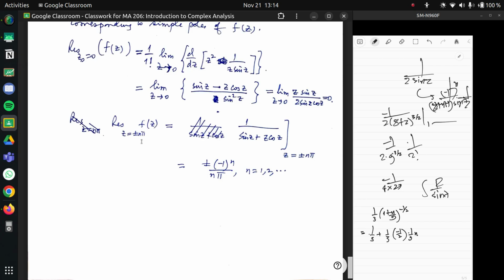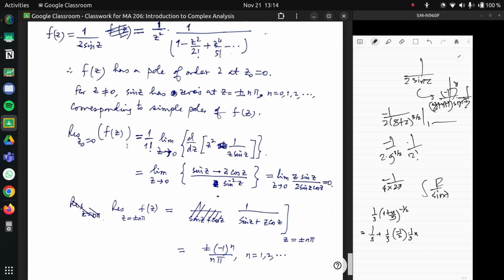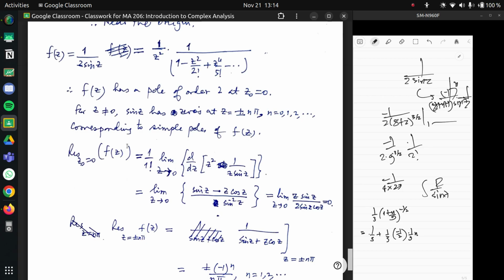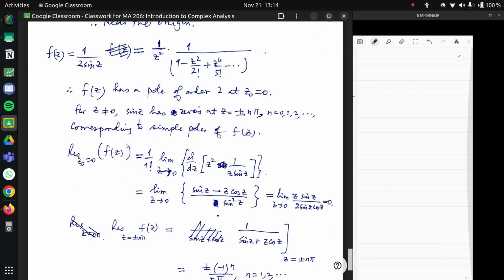So it just boils down to finding the residue of, oh, but we already know how to Taylor expand 1 by z sine z. Yeah, so you can write the sine z as well as 1 upon z minus all that stuff. So this just turns out to be something like 1 upon z times 1 upon 1 minus z square by 2, etc. So at z equal to 0, this whole thing would be more or less analytic.